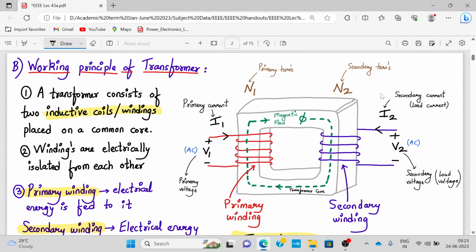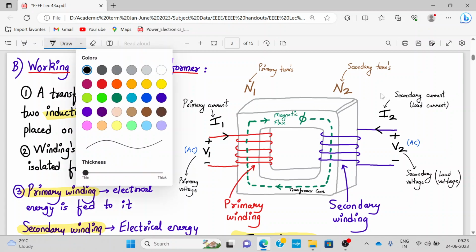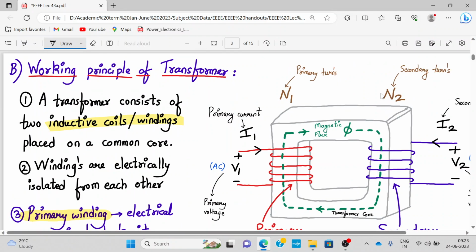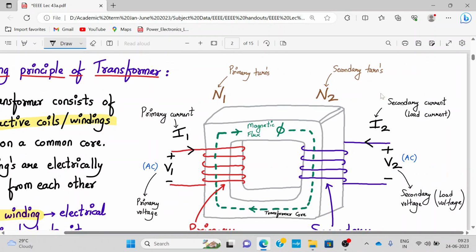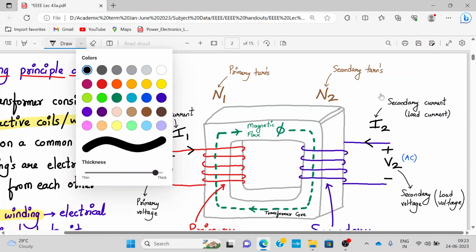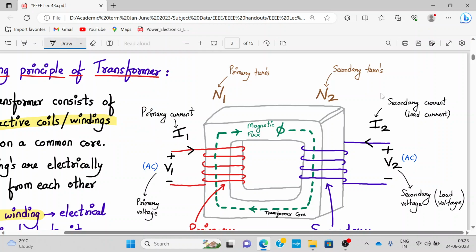Now this flux, which is denoted by green color phi, links with the primary winding, and according to Faraday's laws of electromagnetic induction, EMF E1 is induced in the coil as per Faraday's law.